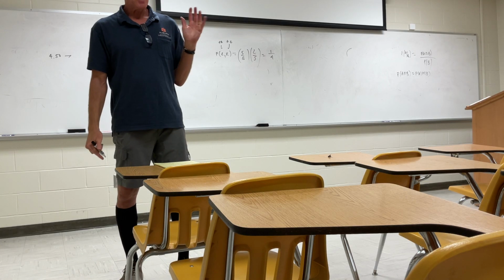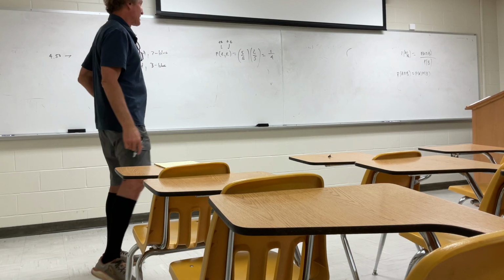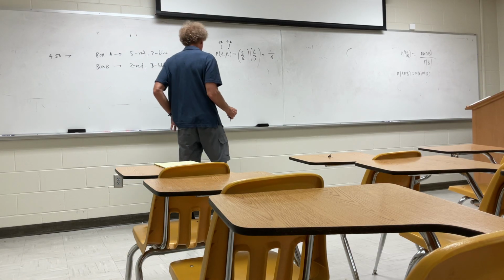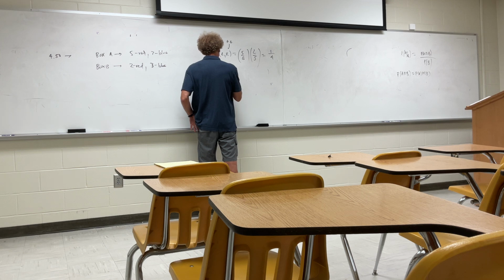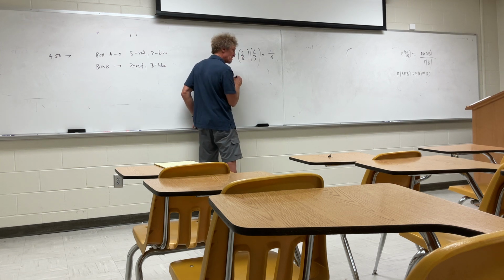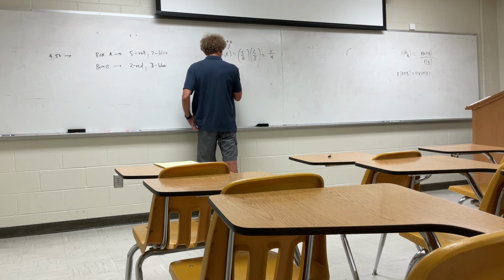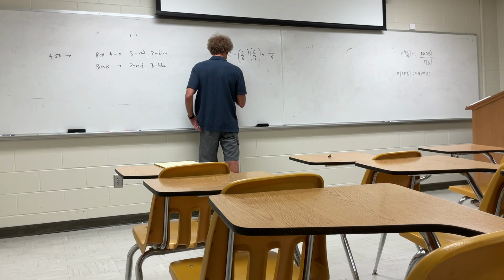Now here's the one you pay attention to, so you don't go nuts. What's the probability of at least one being a red and the other one being a blue? So probability of red, blue, plus the probability of blue, red.